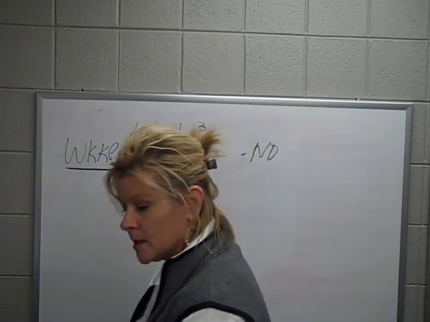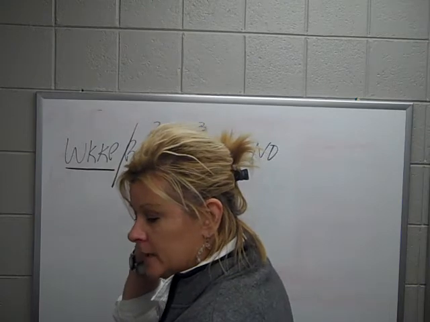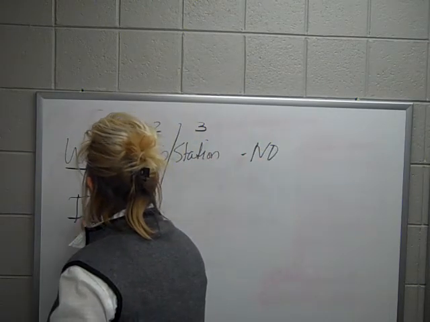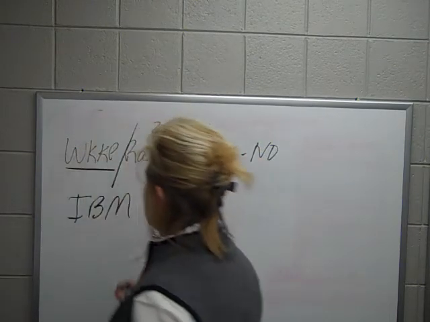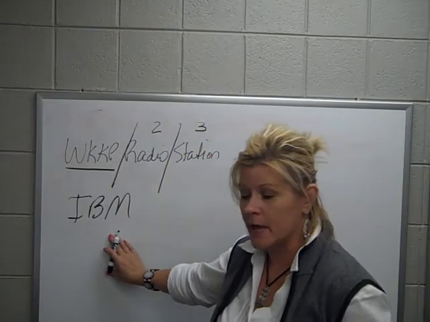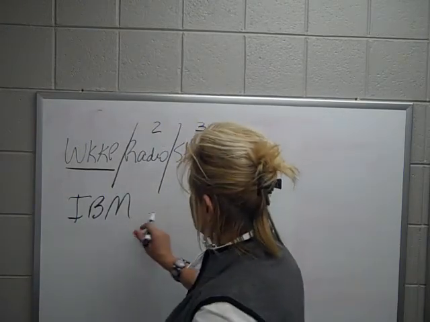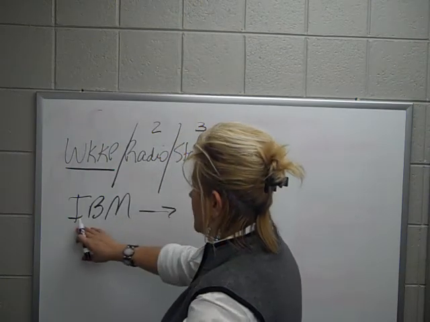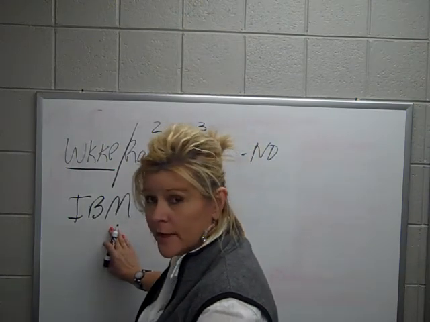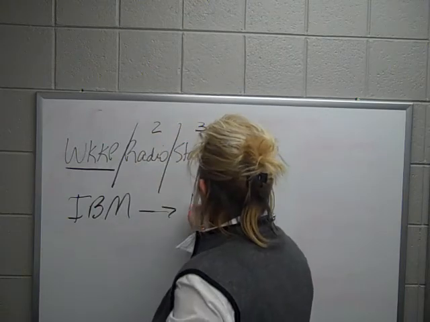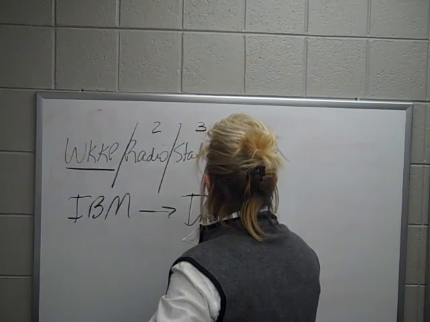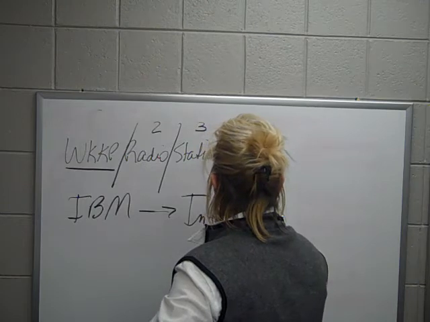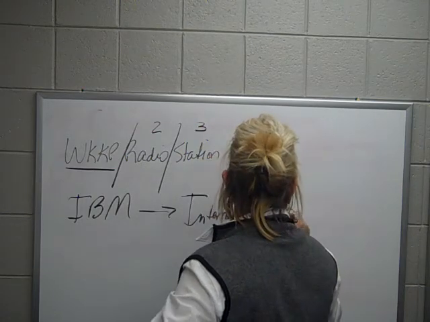Okay? Let's look at B on page 49. IBM. This is just like MAD. Okay? So what we need to do here is a cross-reference for what this stands for, and it gives you what that is in the book. International Business Machines.